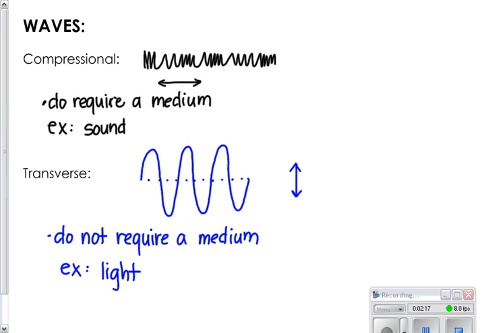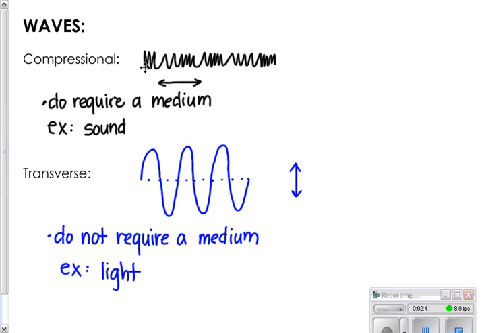However, sound could not travel in outer space because there's no atmosphere or air for it to travel through. So maybe this is familiar from ninth grade, but there are two kinds of waves: compressional, where the motion is back and forth, and transverse, where the motion is up and down. Transverse are the ones that we are going to study the most in chemistry because those are the light waves that we're going to focus on.